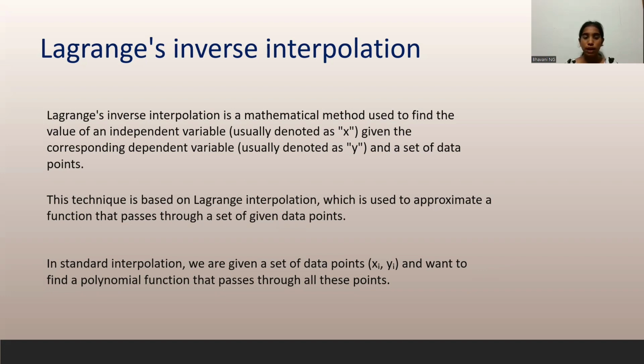This technique is based on Lagrange's interpolation, which is used to approximate a function that passes through a set of given data points. In standard interpolation, we are given a set of data points (xi, yi) and want to find a polynomial function that passes through all points.